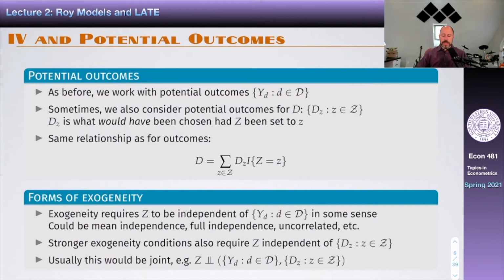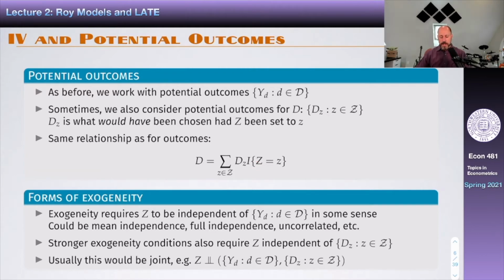And the notation is going to be exactly the same as before, except that right now we are also going to use potential treatments, or sometimes called potential outcomes, for D. Both are equivalent. And so this notation, D sub Z, is what would have been chosen had Z been set to little z. And it's going to be exactly the same as before for the Y's. The observed treatment, D, is just going to be the one corresponding to the value of the instrument that you obtain.